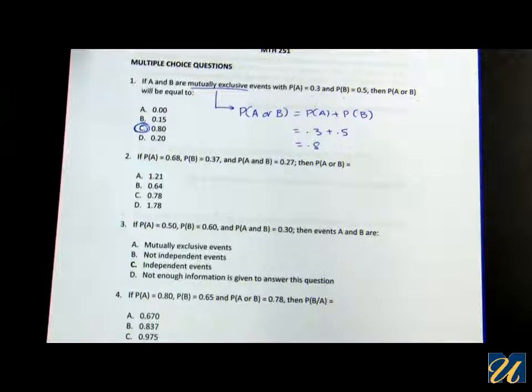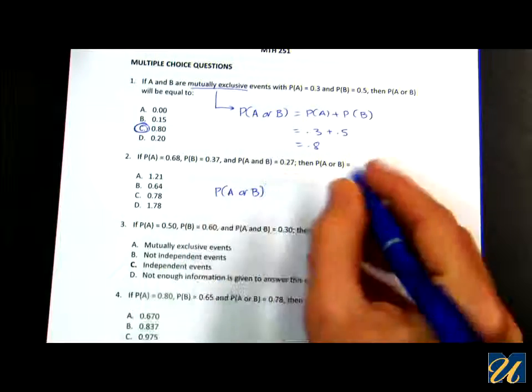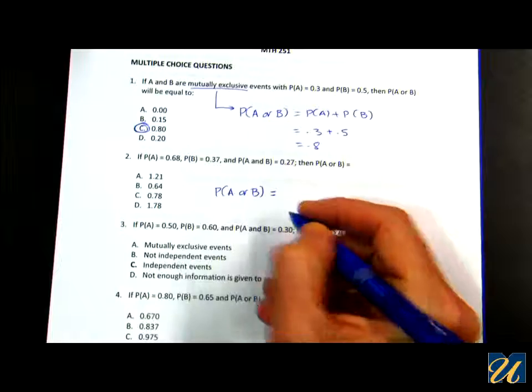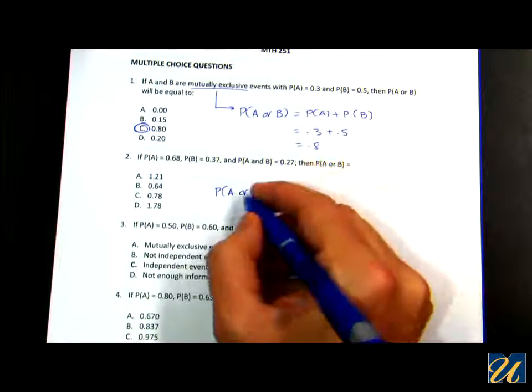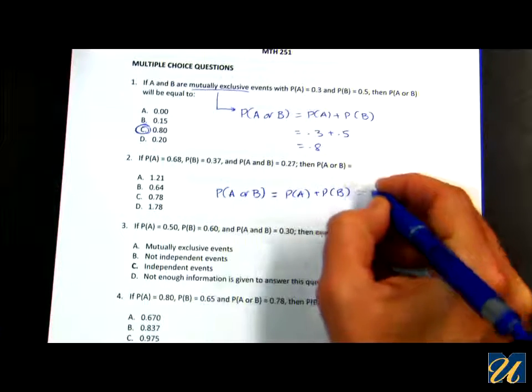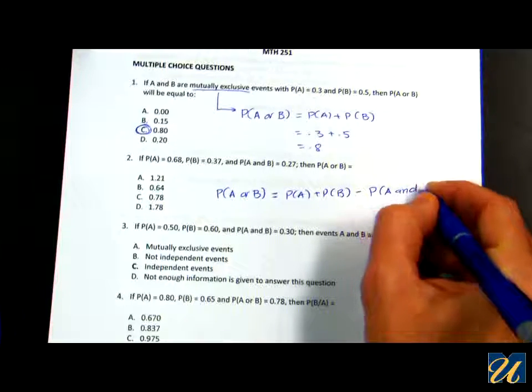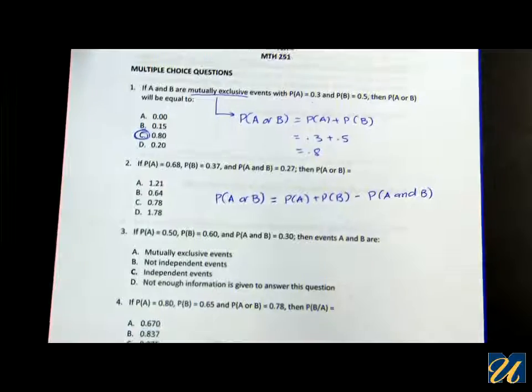If probability of A is 0.68, probability of B is 0.37, and probability of A and B is 0.27, then the probability of A or B will be equal to? We simply plug in our numbers in our formula for probability of A or B. Probability of A plus probability of B minus the probability of A and B. We have all the information.